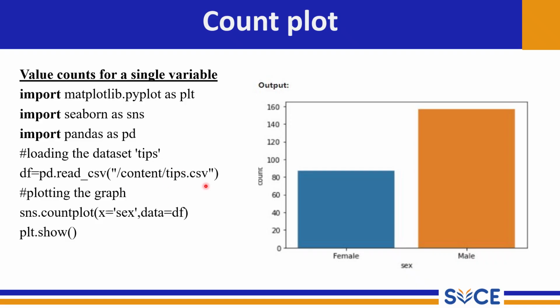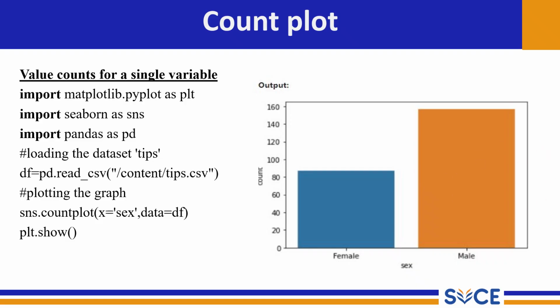Okay, and tips.csv, and then plotting the graph, that is sns.countplot of x is equal to x, and the data is equal to df. So whether it is male or female will be plotted along the x-axis, and along the y-axis the count value will be plotted. So plt.show, this will be displayed as an output. This is a count for a single variable.